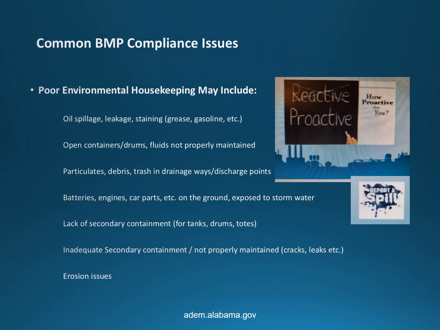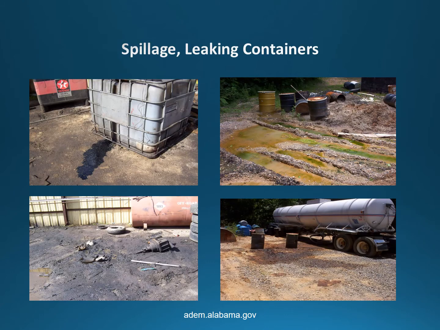Now, let's look at a few common BMP issues. The next set of slides are visual examples of poor environmental housekeeping. Spillage and leaking containers. When spills and leaks happen, clean up as much of the fluid as you can as quickly as possible.